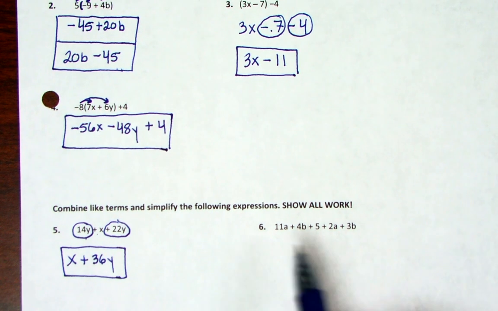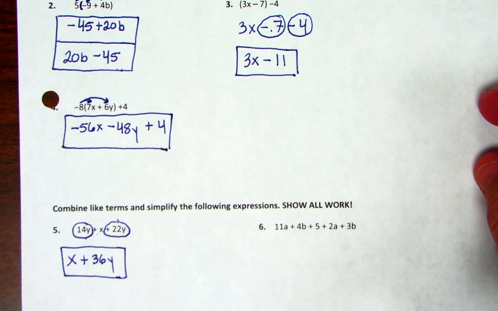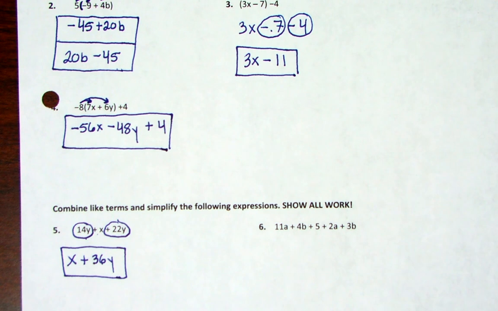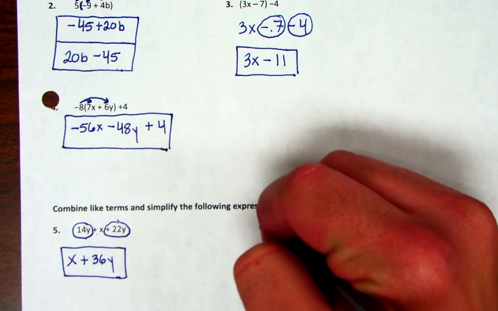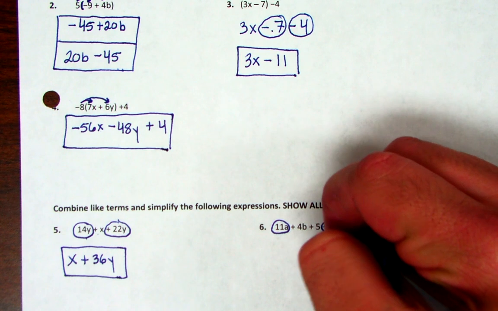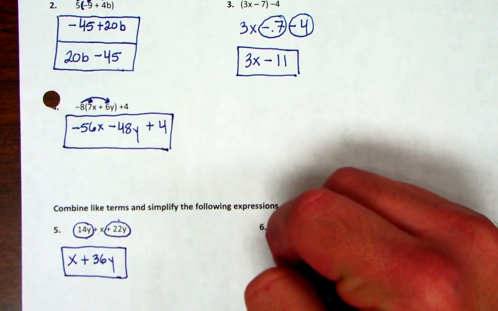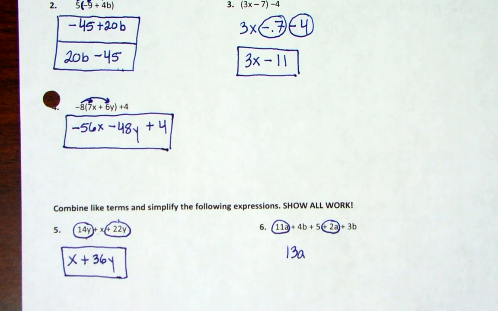Alright, number 6, we have A's, we have B's, we have constants, we have A's and we have B's. What letter comes first in the alphabet? A. So I have 11A plus another 2A. What is 11A plus 2A? That is 13A. Now let's look at my B's.